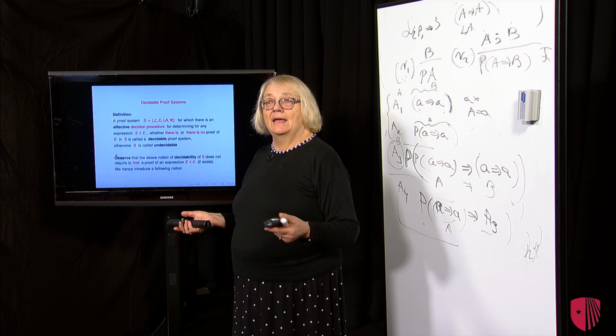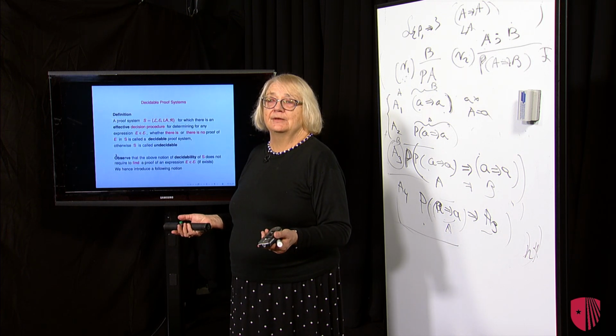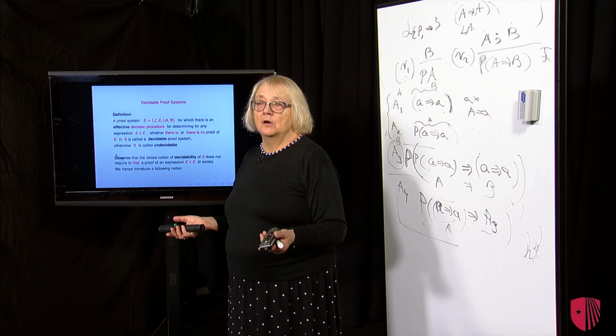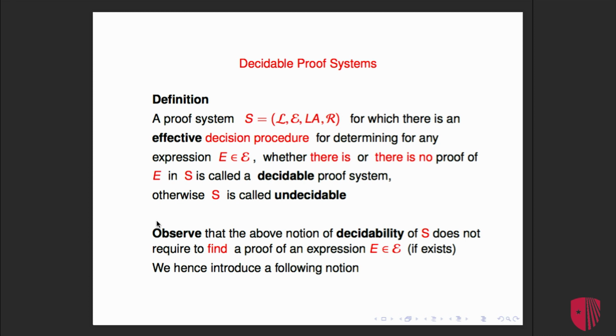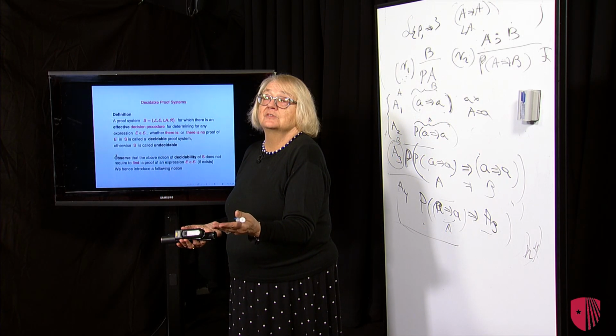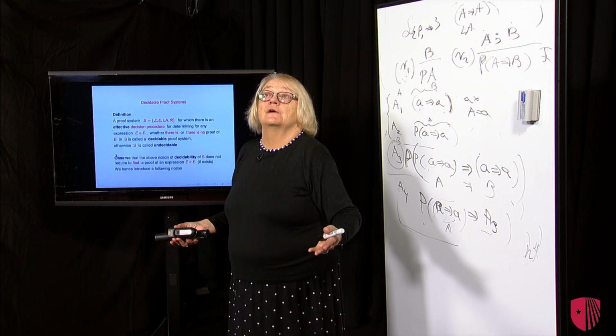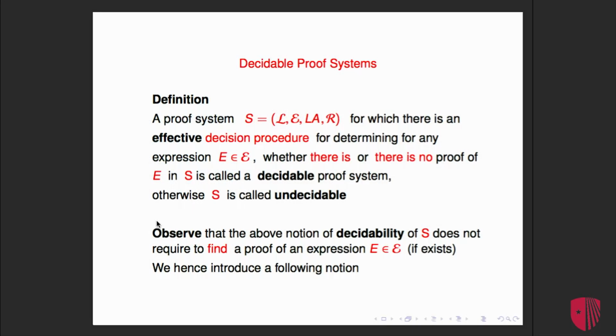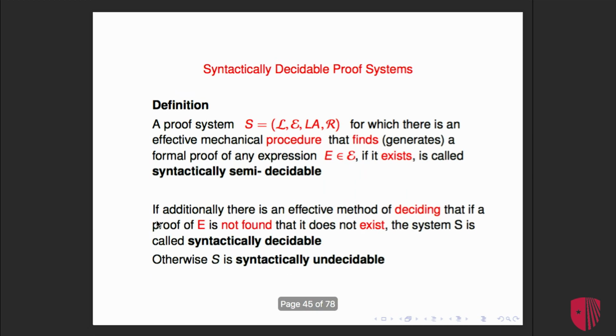And now I have a complete proof system for classical logic. Completeness means tautology if and only if there is a proof. I know that is a tautology, I have completeness, so it is a decidable system. But I don't know how to find the proof. So that is general decidability.